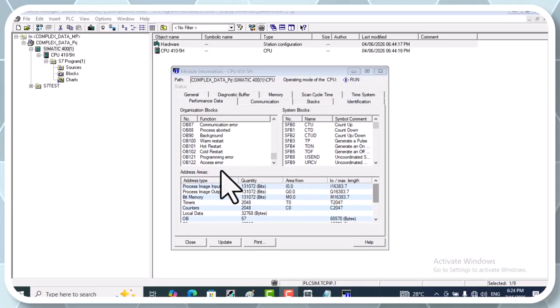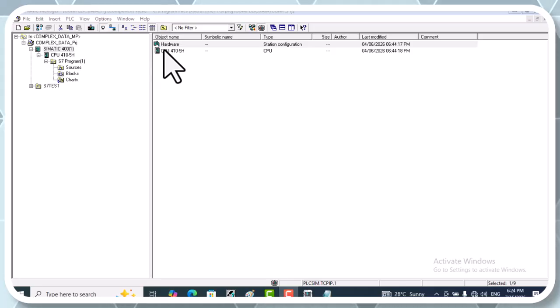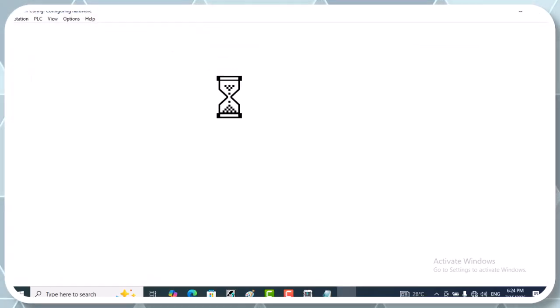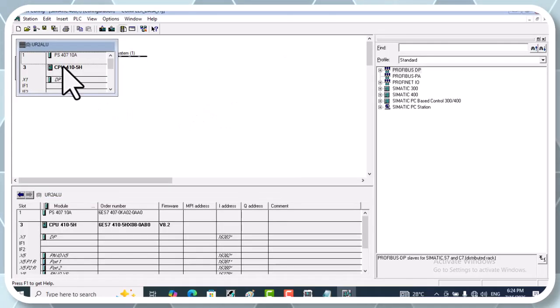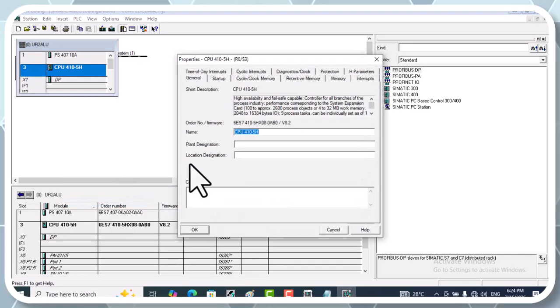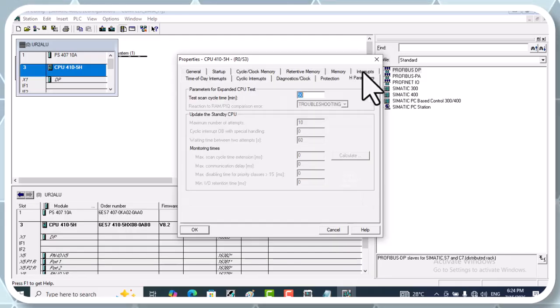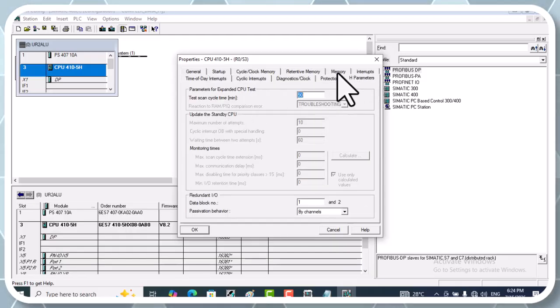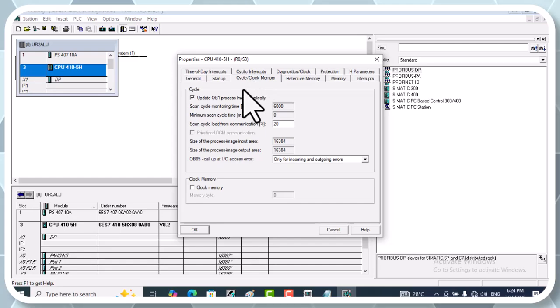And my friends, all blocks in our PLC have priority numbers. For example, in Simatic S300 you cannot change the number, but S400 gives you the opportunity to change your priority number. So for example, let me open the cycle memory general.